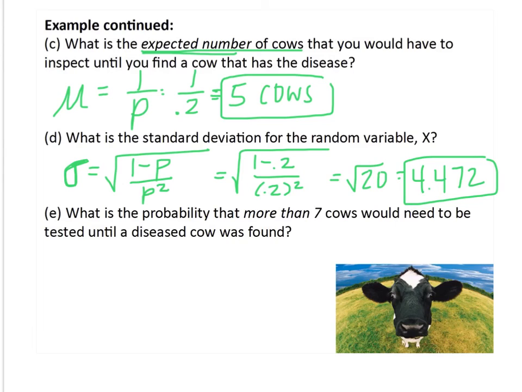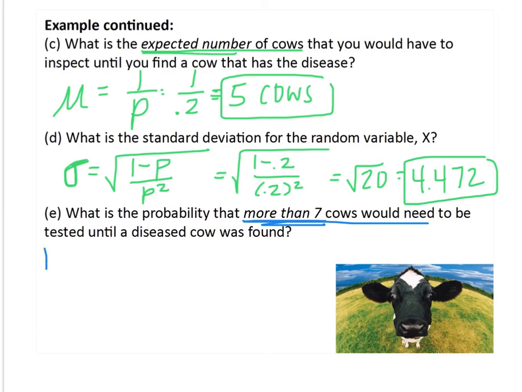So part E, to finish this problem, says, what is the probability that more than 7 cows would need to be tested until a diseased cow was found? Well, this more than 7 cows is that formula that we were just looking at, the bonus formula.